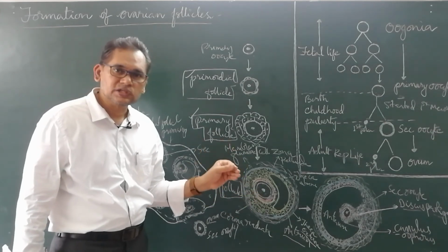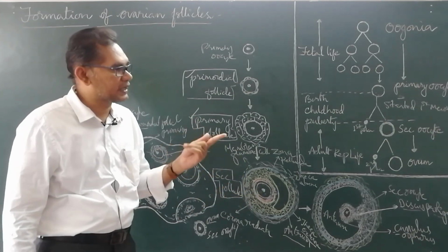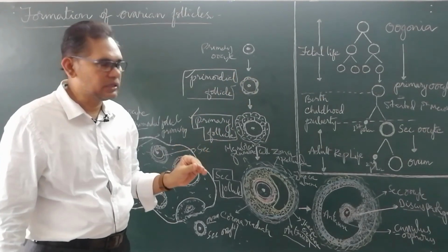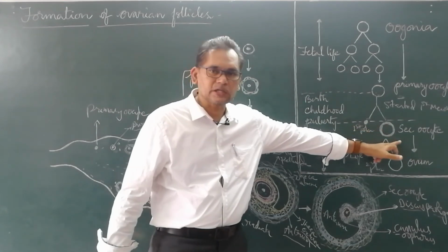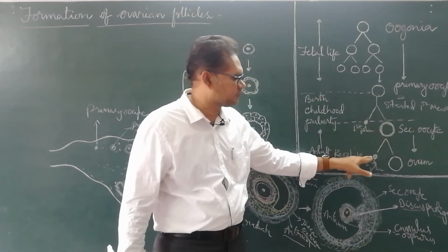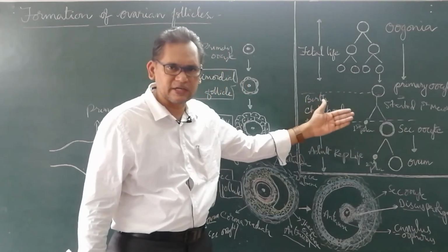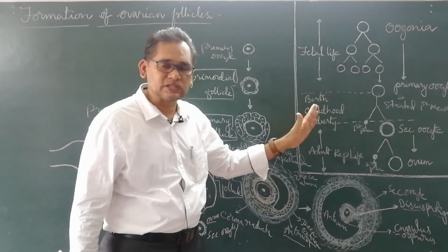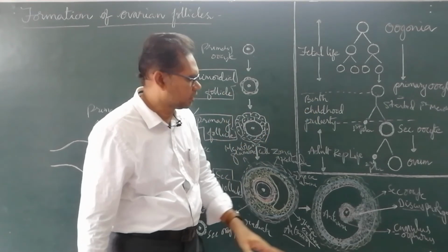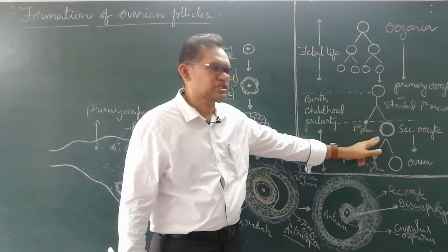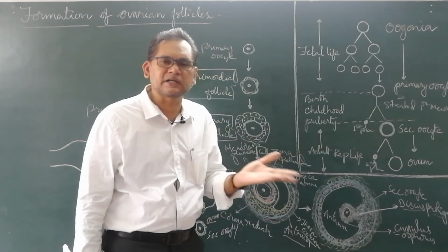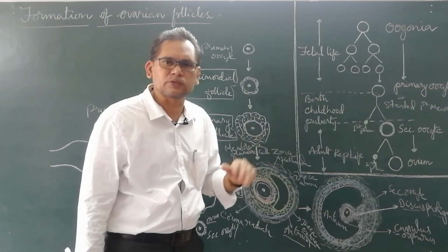It undergoes meiosis 1, which was arrested during the fetal stage, and results in a polar body and a secondary oocyte. This secondary oocyte divides only in the presence of sperm. If sperm is available, it divides. Otherwise, the secondary oocyte degenerates during every menstrual cycle before marriage, that is before the reproductive period.